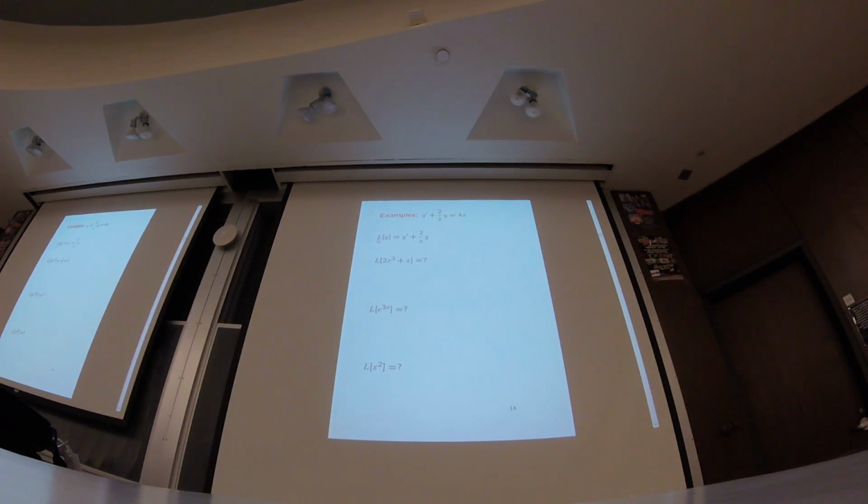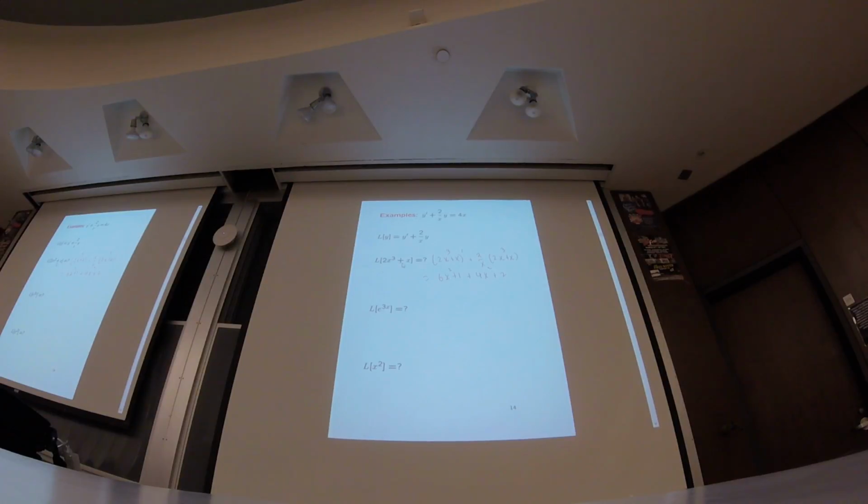Call it L. What is L of 2x cubed plus x? It's the derivative of 2x cubed plus x, plus 2 over x times 2x cubed plus x, which is 6x squared plus 1, plus 4x squared plus 2.